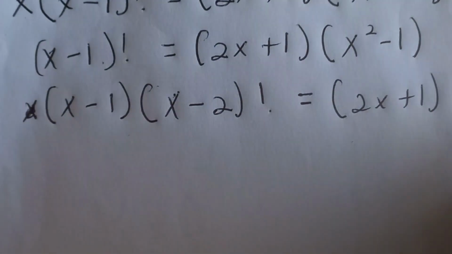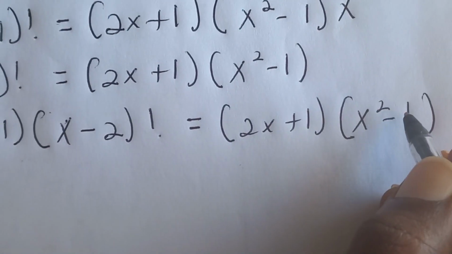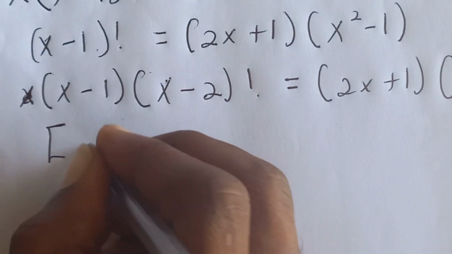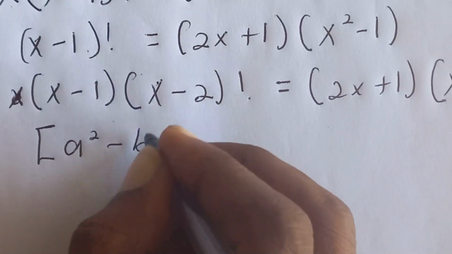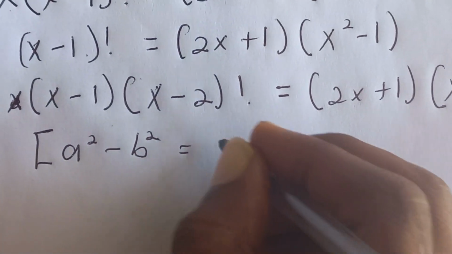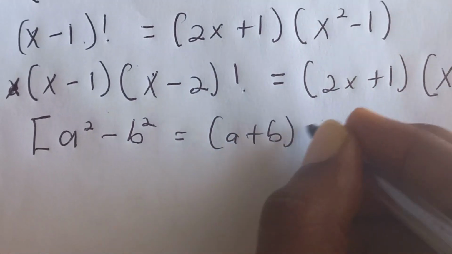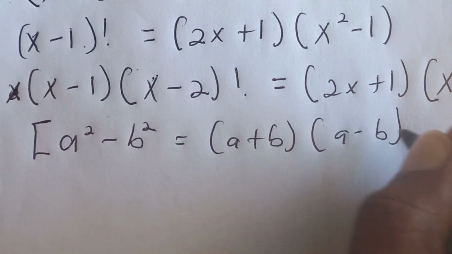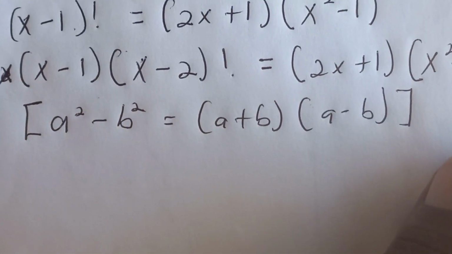But we can also say that, in indices, a^2 - b^2 is equal to (a + b)(a - b). That is the difference of two squares.